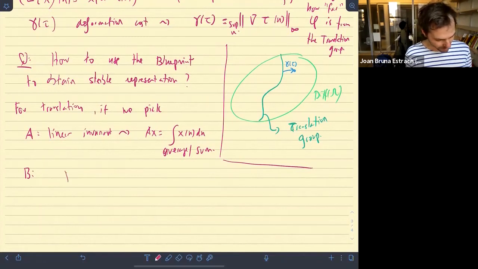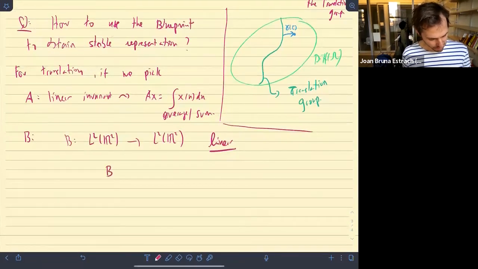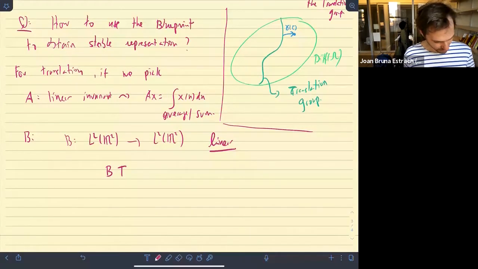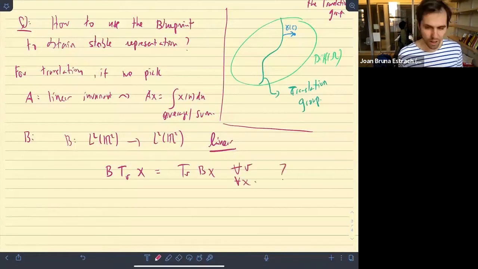B is an operator that goes from L2 of R2, let's say, to L2 of R2, that is linear, and such that B composed with some translation T_v commutes. So it's T_v of B of X for all v and for all X.